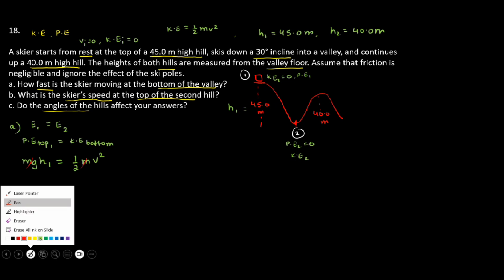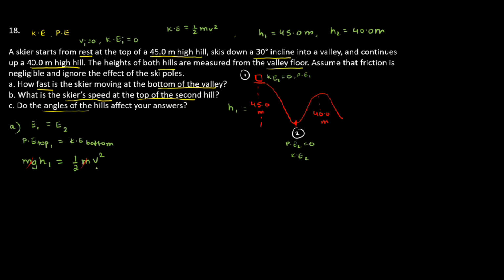I want to find the speed of the skier at the bottom of the hill, so I need to keep v alone. In order to get v alone, I need to multiply by 2 on both sides. So we get v squared equals 2gh1. We want to find velocity, not velocity squared, so take the square root on both sides.